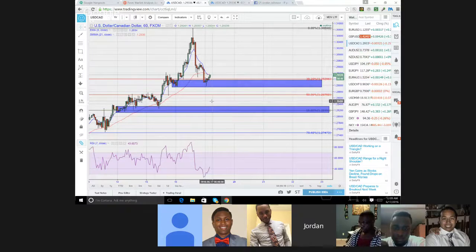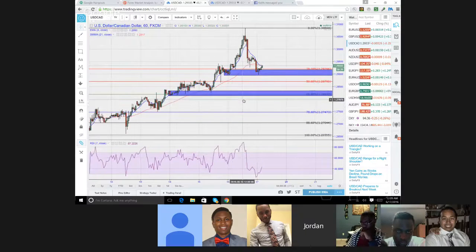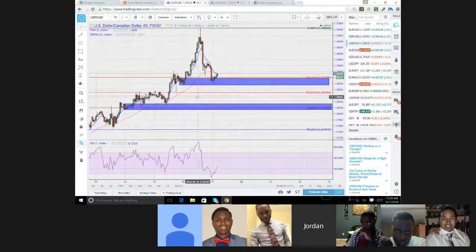So this is one or two PRZs. If price stays above this level, I would actually look to get long. I would like to actually see a dip back down in the price. Yeah, so just wait and see where price is going to go with dollar CAD at this moment.